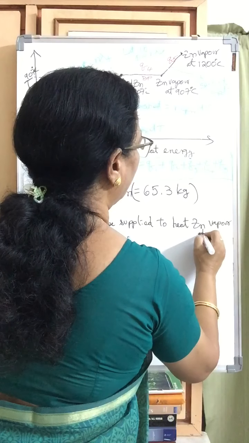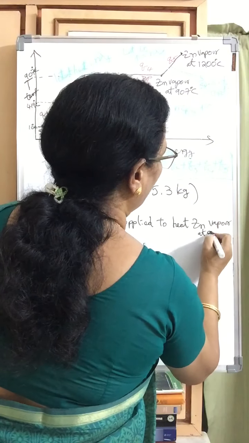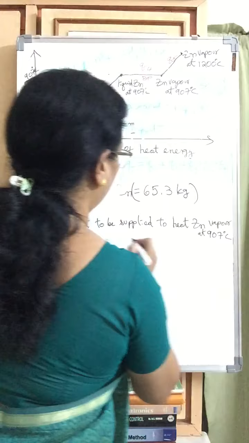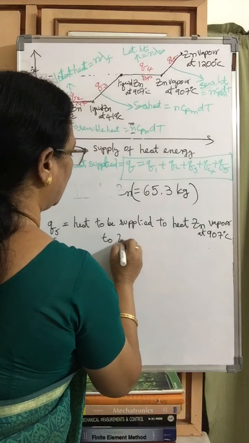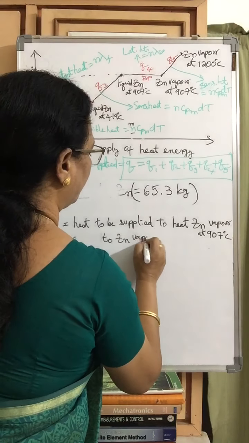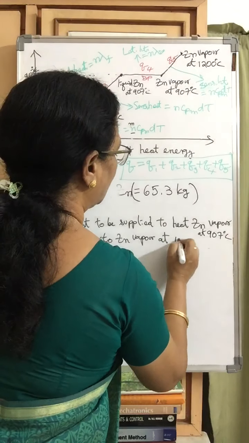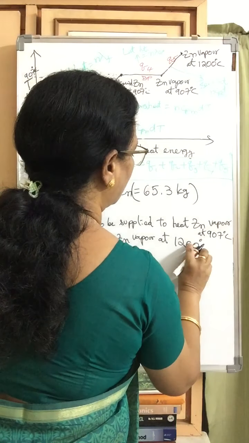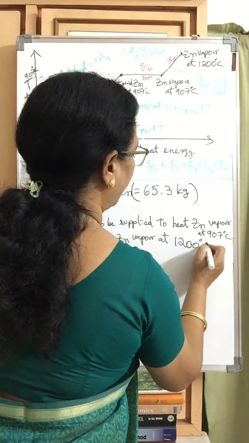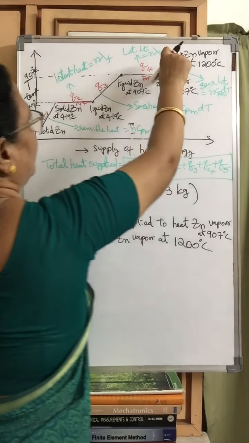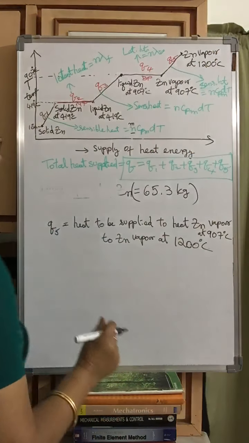At what temperature? Initially we got it at 907 degrees centigrade, to zinc vapor at 1200 degrees centigrade. This is the last calculation. It is heated from 907 to 1200 degrees centigrade.